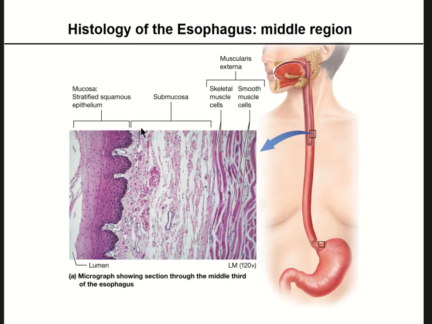So if you were shown a histology slide like this, you could potentially be asked which third or which area of the esophagus you might be looking at: superior, middle, or inferior. And the way you can tell is the presence of both smooth muscle and skeletal muscle, which should be your dead giveaway for the middle region of the esophagus.